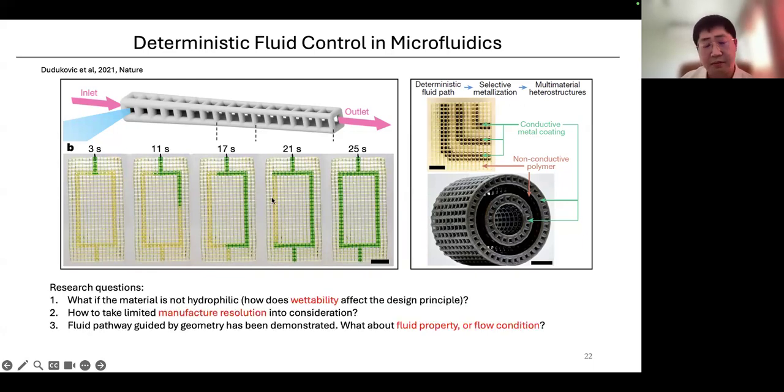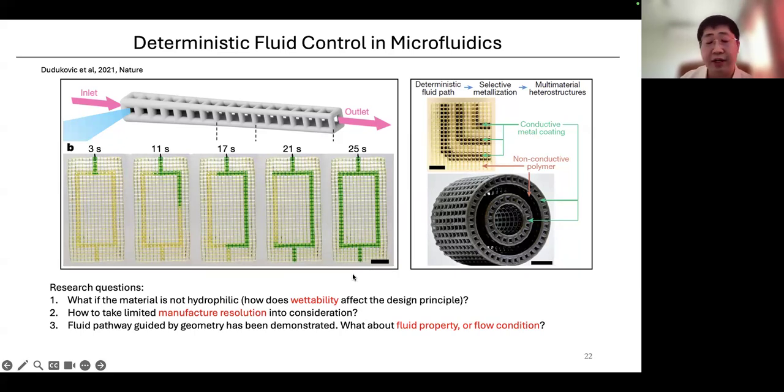But we identified some research gaps. For example, what if the material is not hydrophilic? Because in this study, they have the material and then they also apply a special coating to the entire structure to make it hydrophilic, such that when injecting liquid, it spontaneously moves towards a certain region. Second question is how to take limited manufacture resolution into consideration.